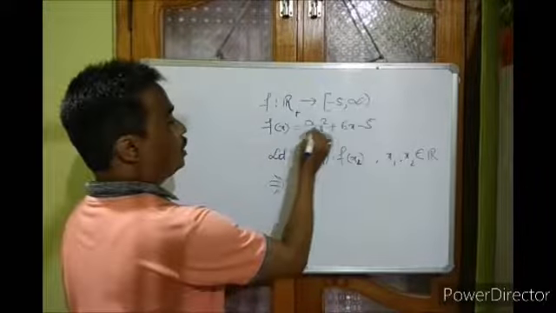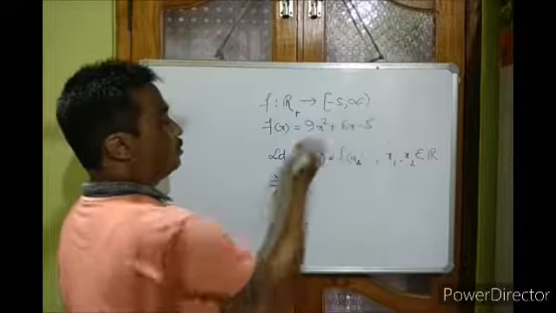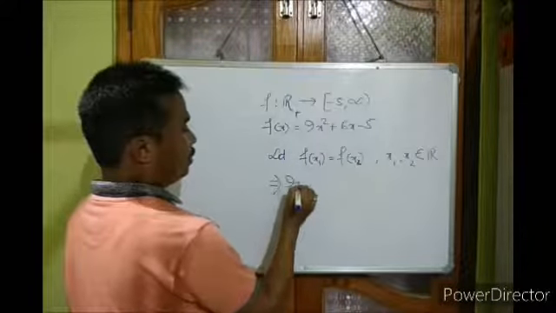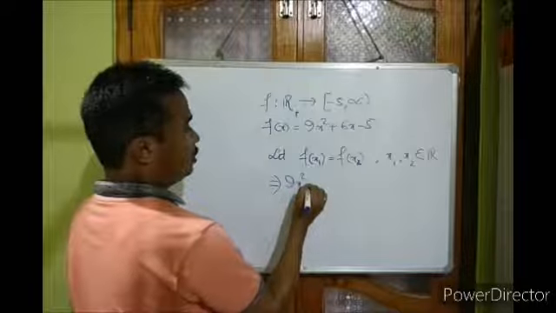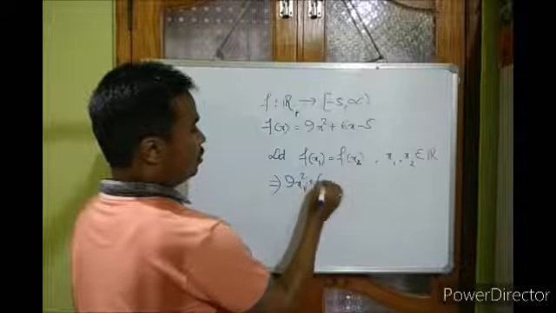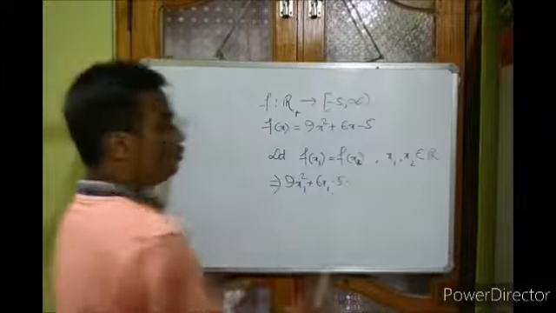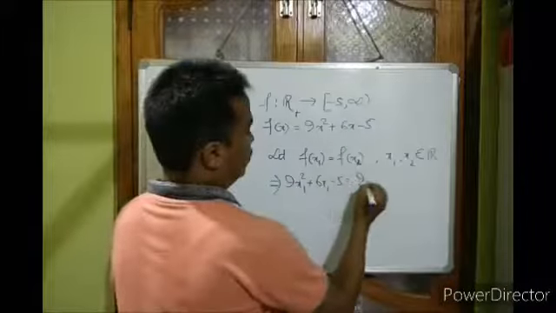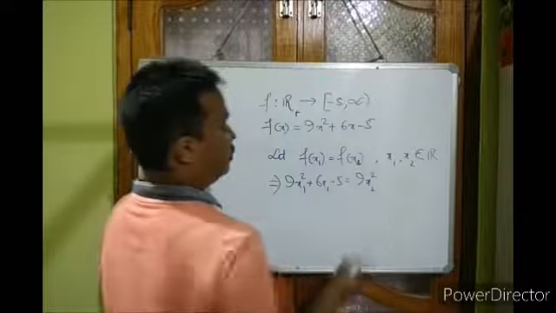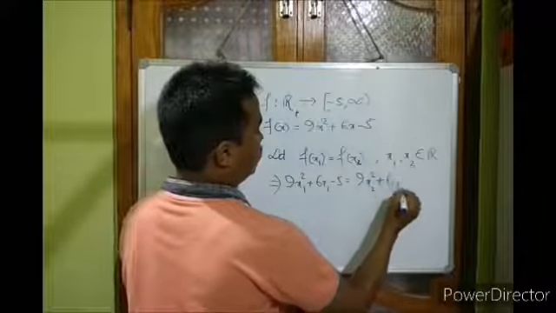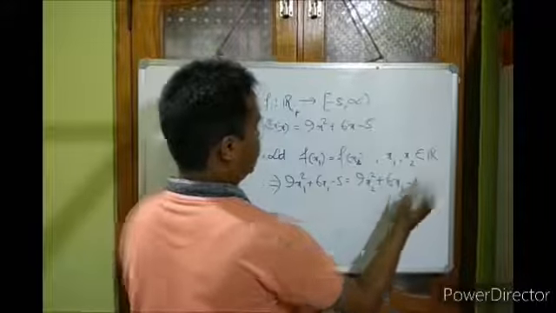So this implies f(x) is equal to 9x square plus 6x minus 5. So f(x1) is equal to 9x1 square plus 6x1 minus 5, which is equal to 9x2 square plus 6x2 minus 5.